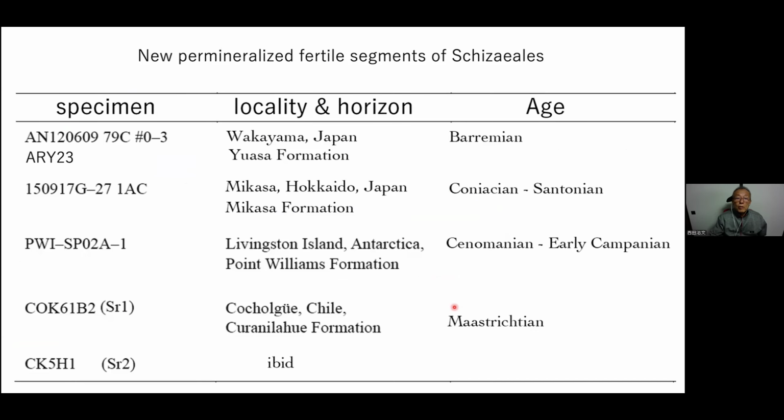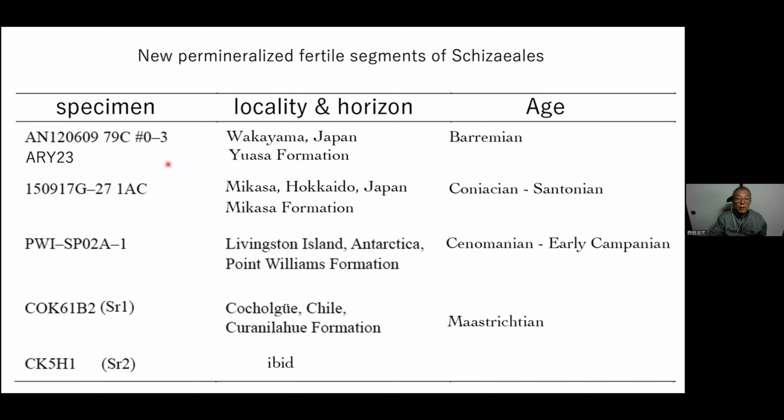And this is the list of the new specimens, which is in the abstract also. But in the abstract, I didn't put another specimen from a US formation, ALY23, which will appear later in this presentation.